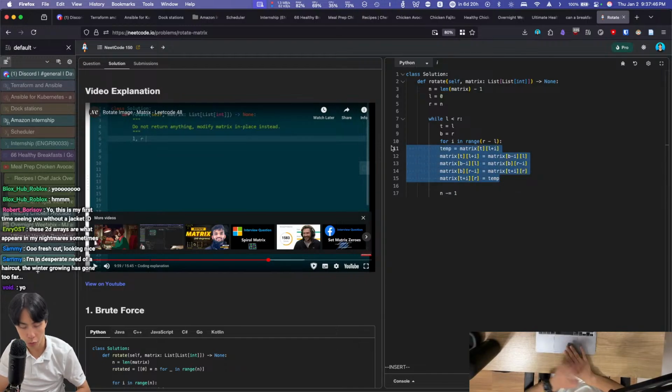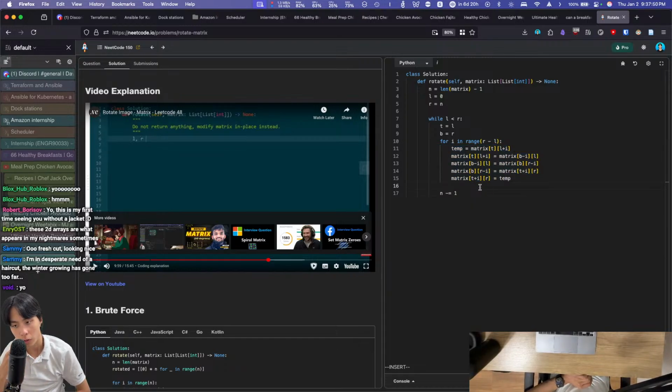And so you do all of that to move it in place. Right minus left, until left equals right.